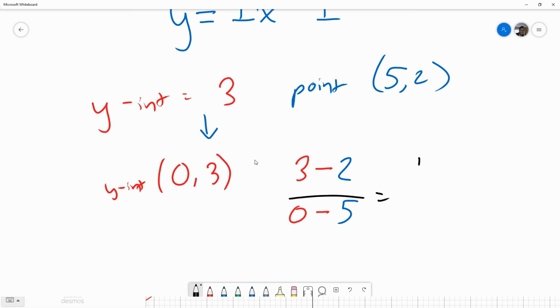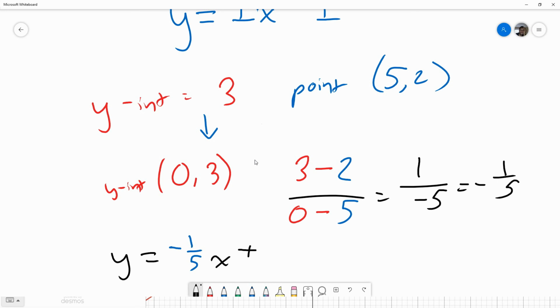3 minus 2 is 1. 0 minus 5 is negative 5. So my slope is negative 1/5, making my equation y equals, I lied, y equals slope times x. So y equals negative 1/5 x plus 3.